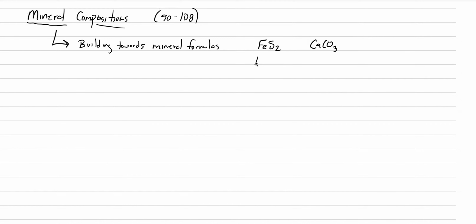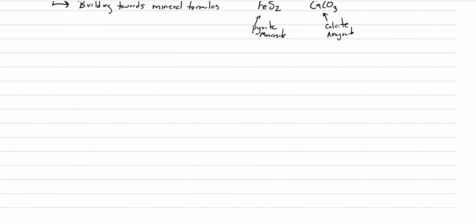And in FeS2, really knowing the chemical formula is just as important as knowing a mineral name like pyrite, or CaCO3 is calcite, right? So this is where we're headed. You'd also know that the exact same chemical formula can occur in different minerals, right? Aragonite has that chemical formula, and marcasite has this chemical formula. There's all this embedded information in mineral formulas.